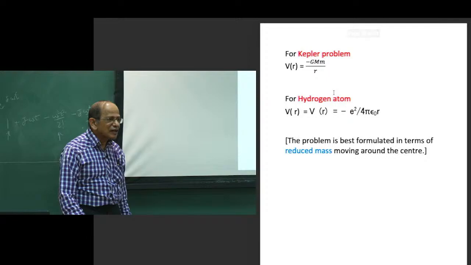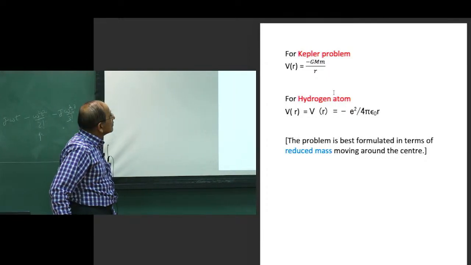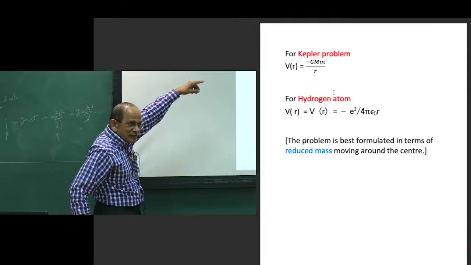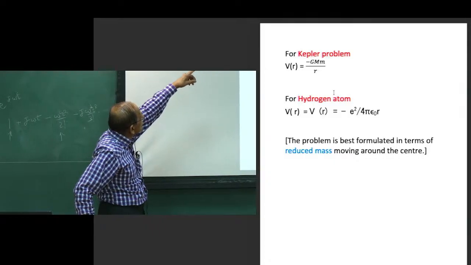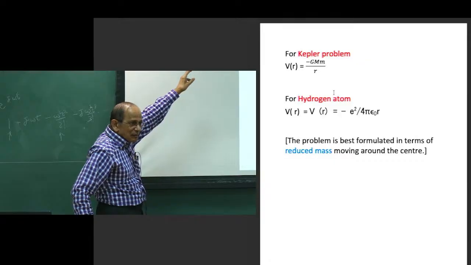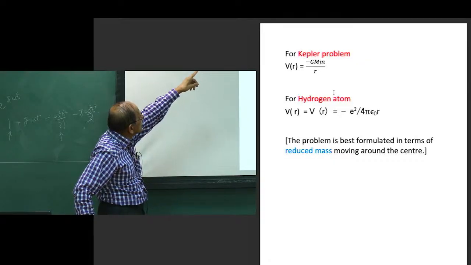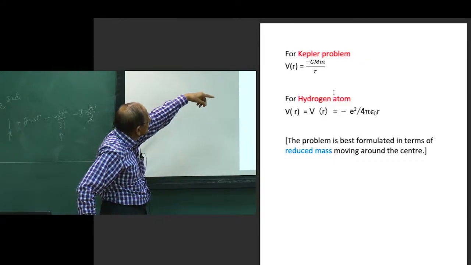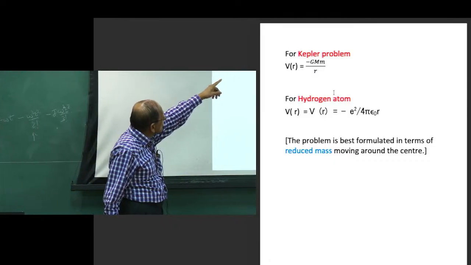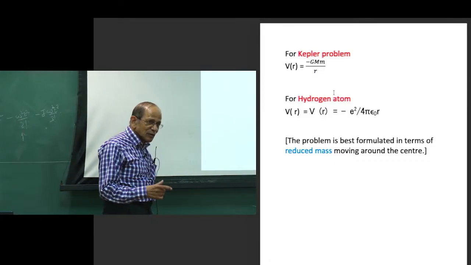And here are very important examples of such a V. The Kepler problem, in which the potential is minus G M m by r, where M and m are masses of sun and earth. In the case of the hydrogen atom, the potential is minus e square upon 4 pi epsilon 0 into r.